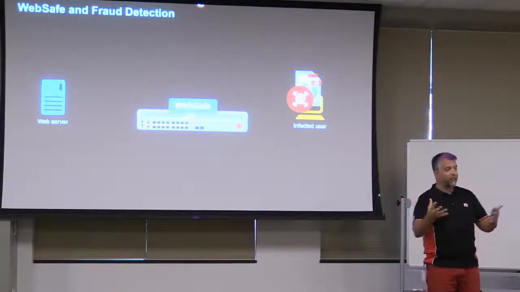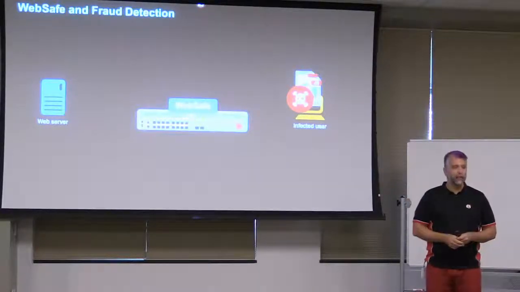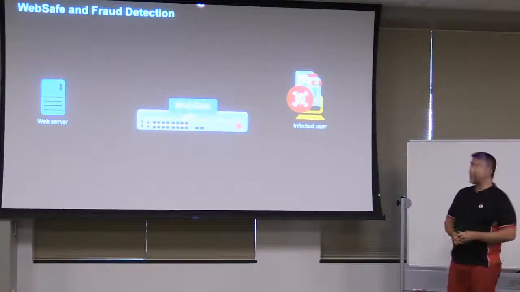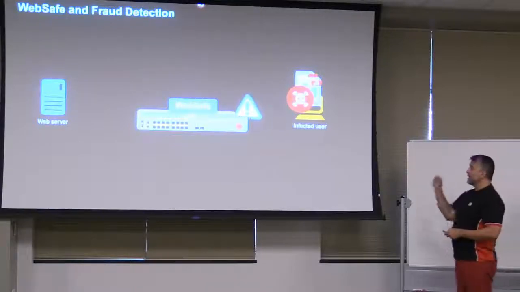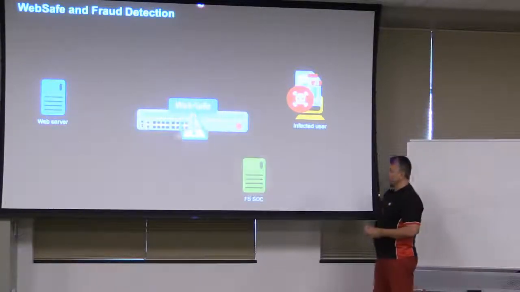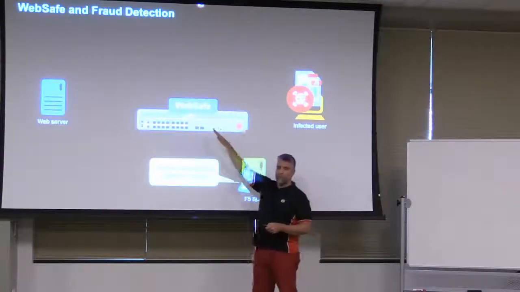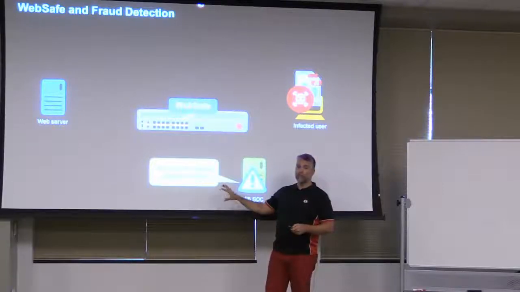It's something adding text or removing text or adding fields or any of that kind of stuff, which would be the result of malware. And if that happens, that JavaScript code triggers an alert that goes to the web server, in this case the BIG-IP, and the BIG-IP forwards it to our Security Operations Center.